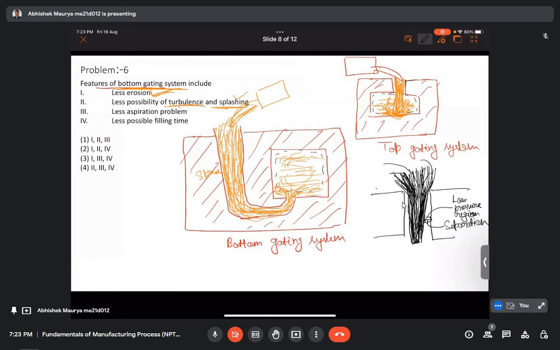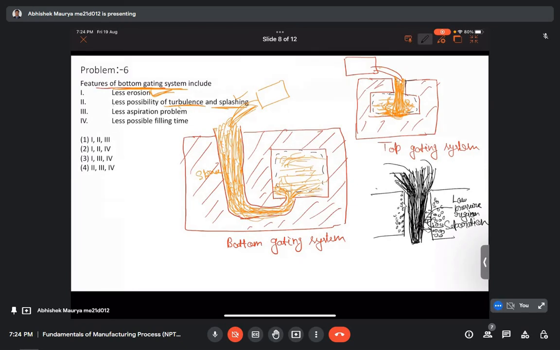Basically, where the separation of flow happens, that is also a low pressure region, and because of that there are some small pores inside the mold. Before pouring the molten metal, lots of atmospheric gases were sitting inside these pores.